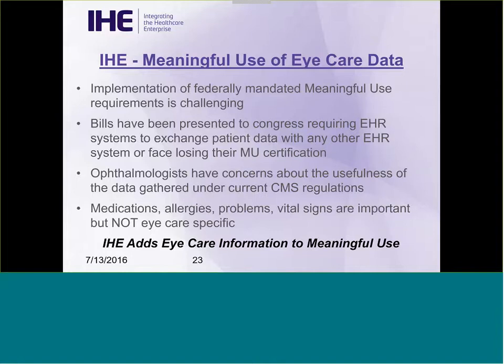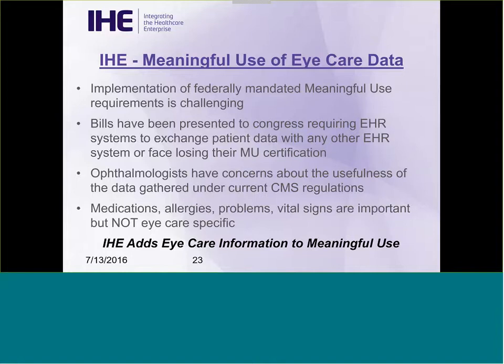Now, one of the difficulties from the eye care world is that the requirements stated in the rules really don't include any ophthalmic data. So yes, it deals with important things like medications, allergies, what kind of problems I have, vital signs, things like this. Very important to a patient's health, we know that. But there's nothing that is specific to eye care information.